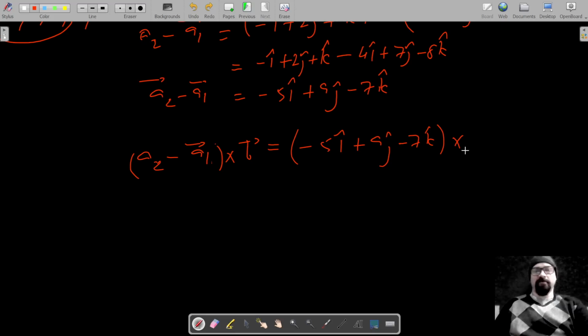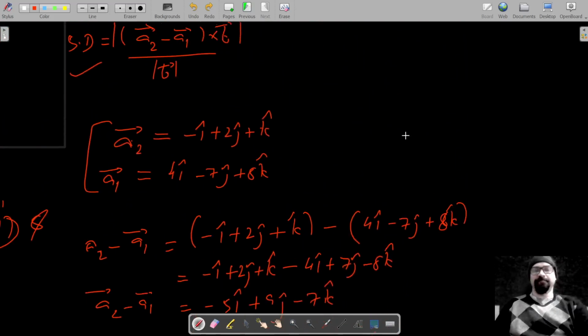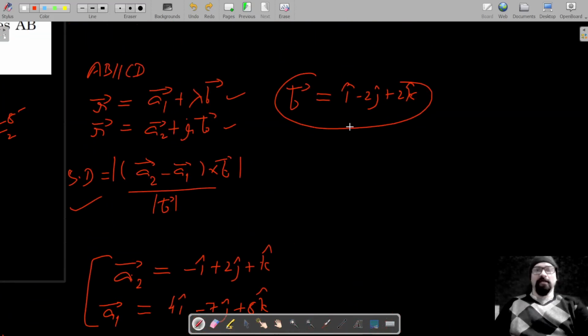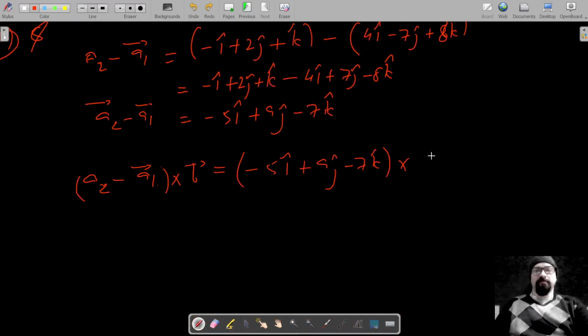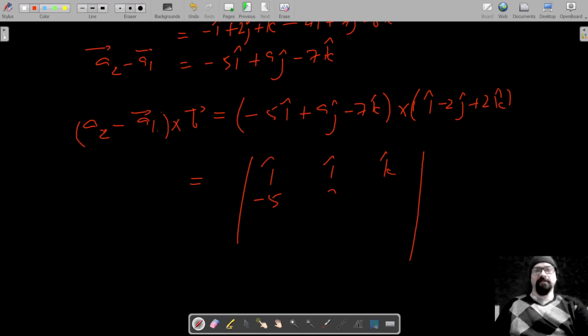A2 minus a1 is negative 5i plus 9j minus 7k, and the b vector is i cap minus 2j plus 2k cap. Let's find out the cross product. How do we find the cross product? It is the determinant of i, j, k; negative 5, 9, negative 7; 1, negative 2, and 2.